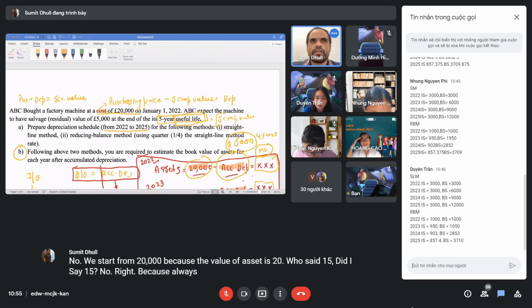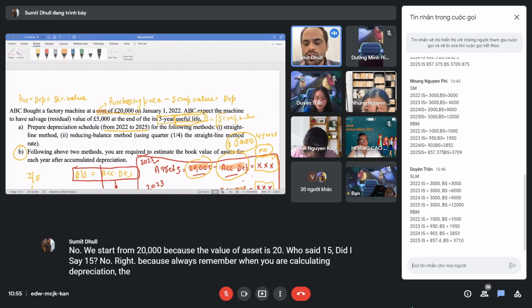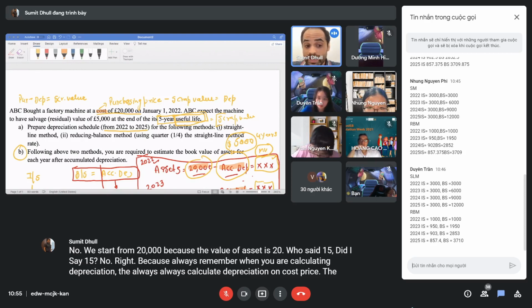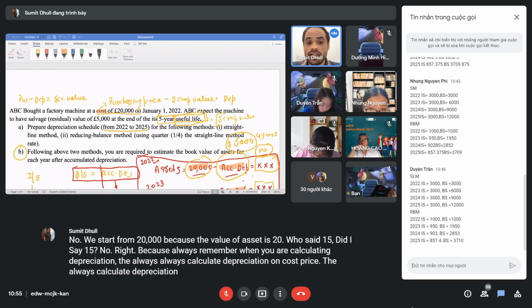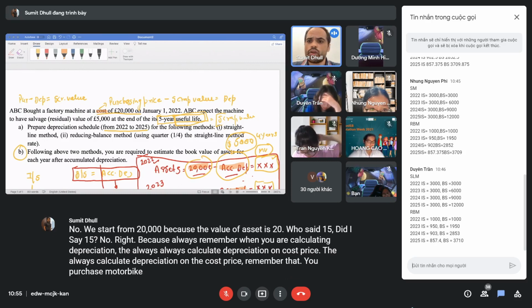Always remember, when you are calculating depreciation, we always calculate depreciation on the cost price. Remember that. If you purchase a motorbike for $1,000, of course you calculate depreciation on $1,000.